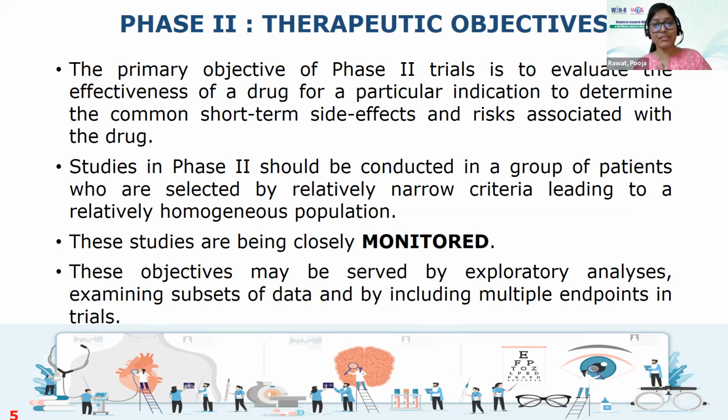Serious adverse events are further divided into categories. How can you say something is serious? When a patient in the trial has died, or after giving the drug any kind of impairment happens. Suppose I am giving an ophthalmic drug and it leads to visual impairment.